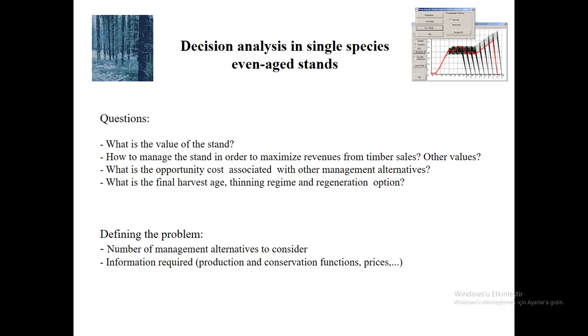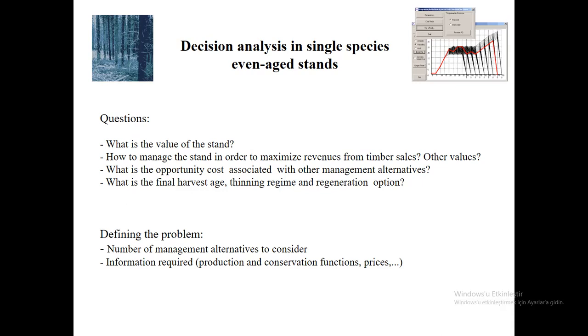Remember that decisions relate to finding the best treatment regime among many alternatives, and finding the optimal rotation period. So just focus on two important and different decisions: the appropriate management regime, and the appropriate rotation period.